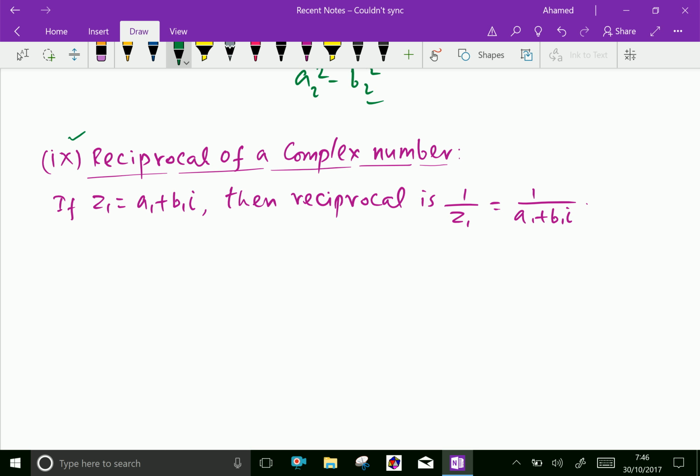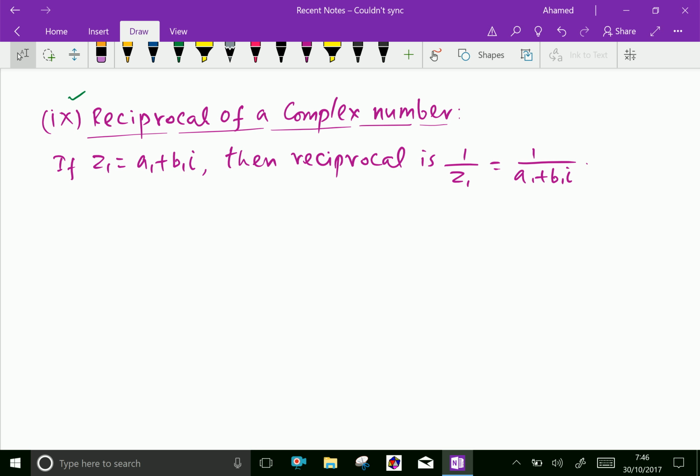Next one, the reciprocal of a complex number. If z1 equals a1 plus b1i, then the reciprocal is 1 over z1, that is 1 over a1 plus b1i. Suppose we write 1 over z1 equals 1 over a1 plus b1i, multiply the numerator and denominator with a1 minus b1i, that is rationalizing the denominator, a1 minus b1i over a1 minus b1i.